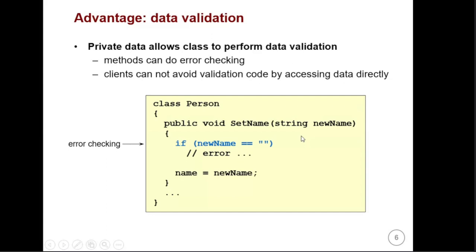So pwede ka mag-create dire og condition para mo trap sa mga entry nga dili pwede sa imong system. So that's one application or one advantage of using methods. You can perform the so-called error checking on your entry.